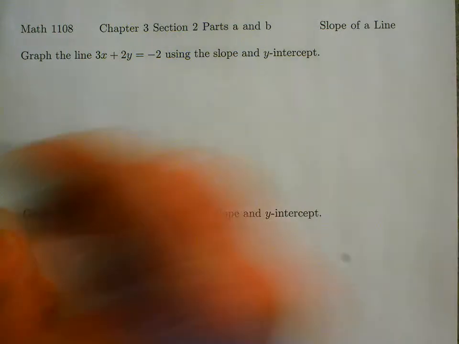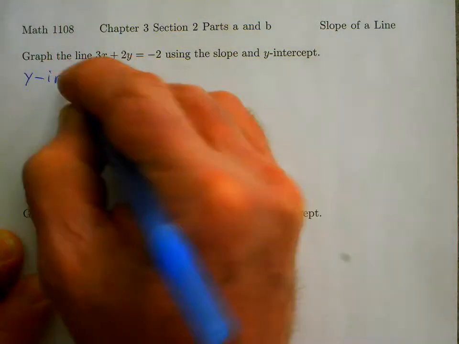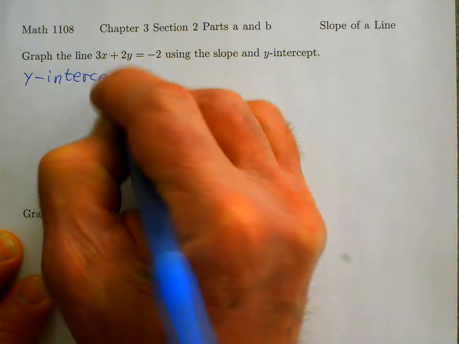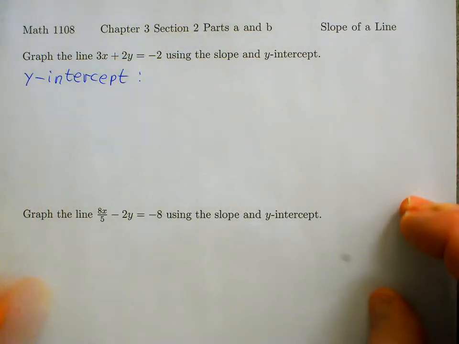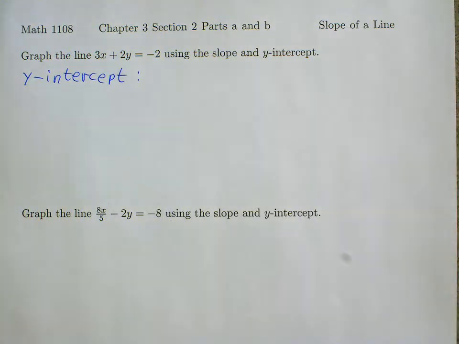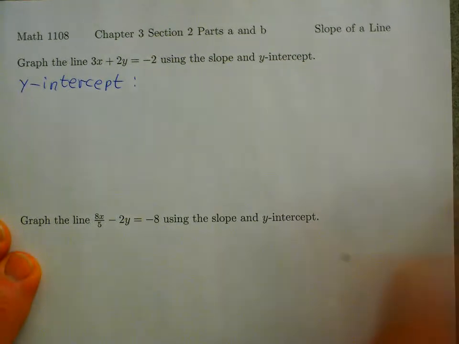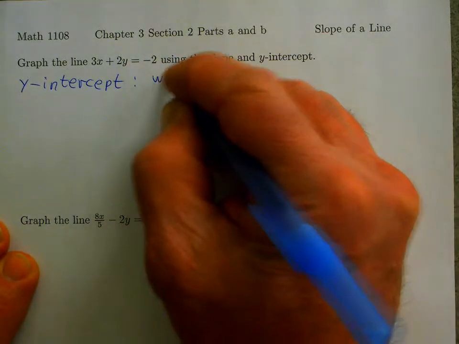Okay, so how do we find the y-intercept? Replace x with 0 and solve for y, because every y-intercept has an x coordinate of 0.